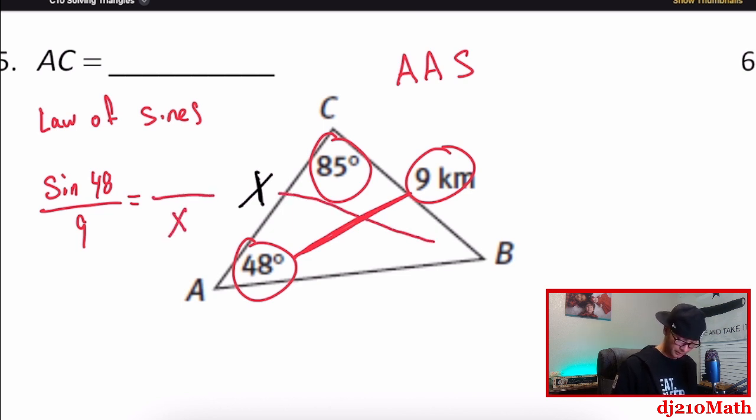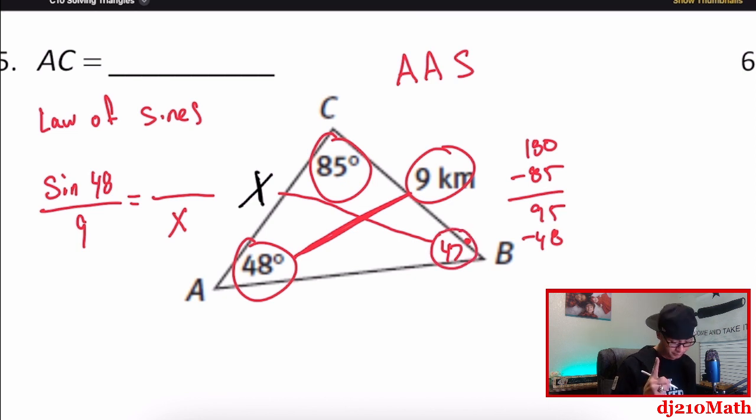So this is going to be 180 minus 85, which is 95, minus 48, which is 47. If I know 2 angles in a triangle, I can always find the third.